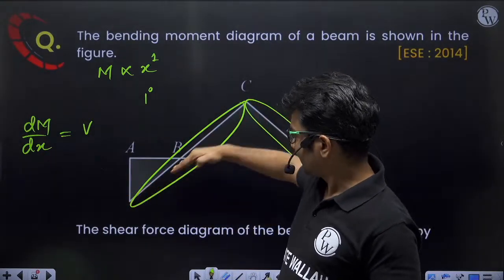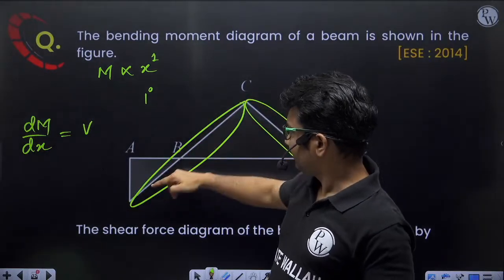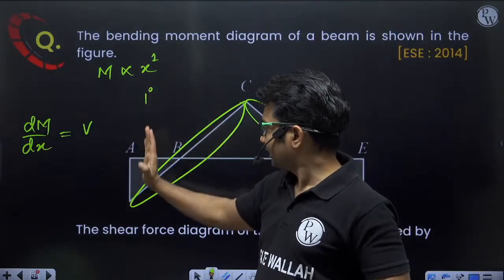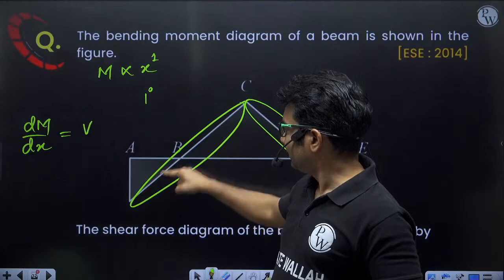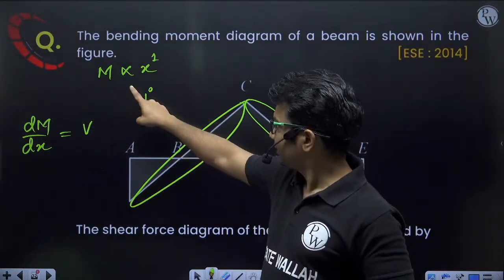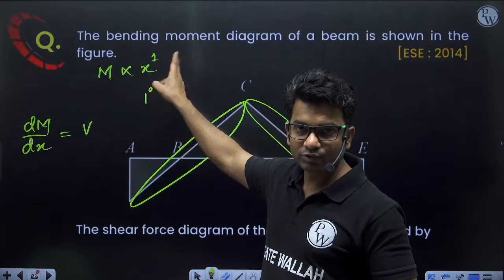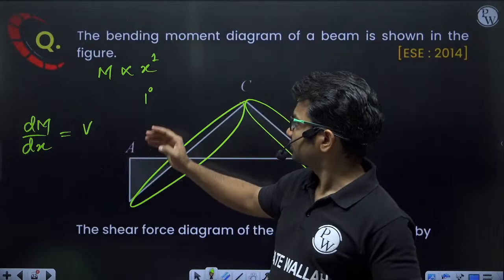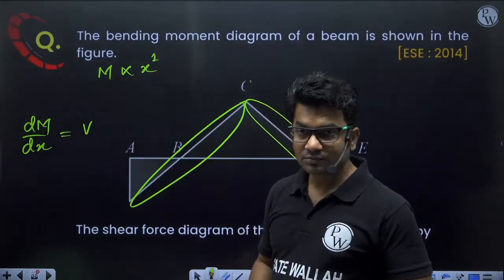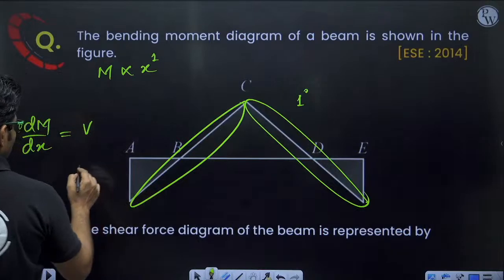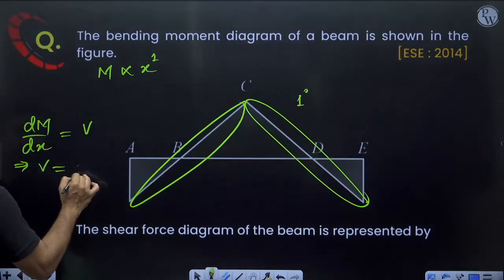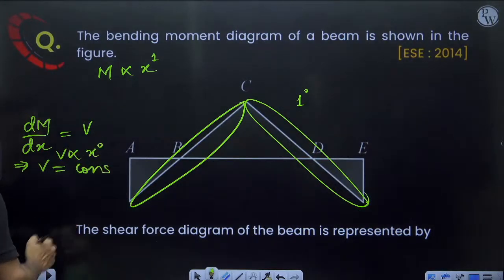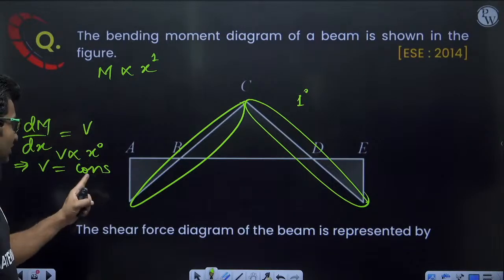Constant slope. As the distance x is changing, bending moment is changing linearly. Now, if I do dM by dx, the shear force diagram will be constant. If dM by dx is equal to V, then V will be proportional to x to the power 0, that means V is constant.